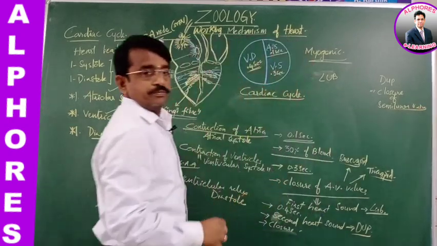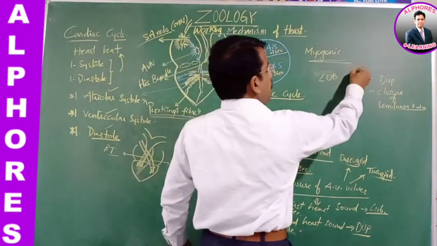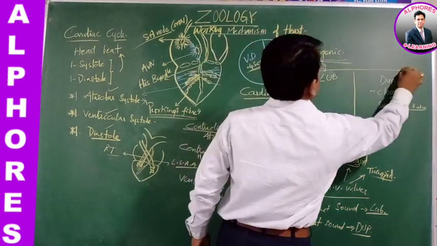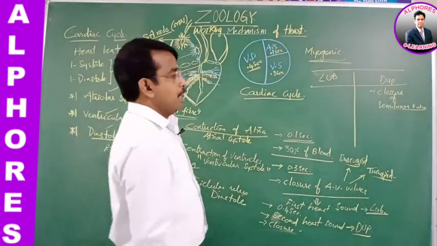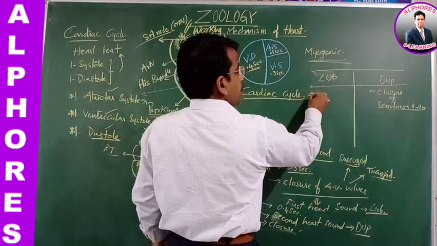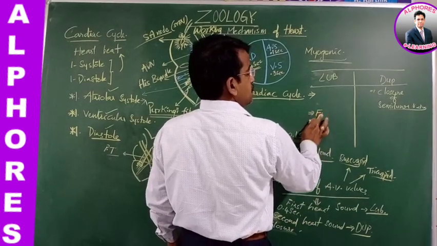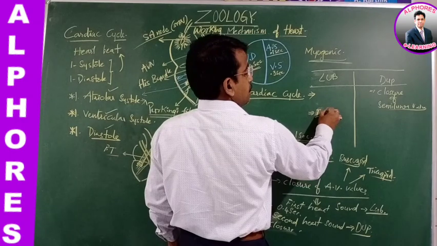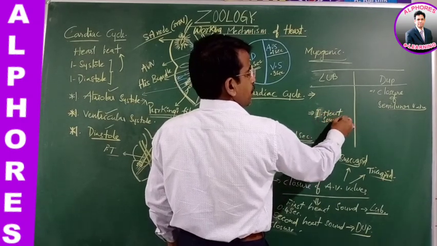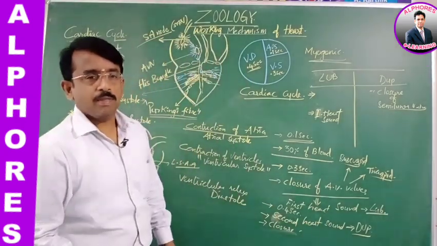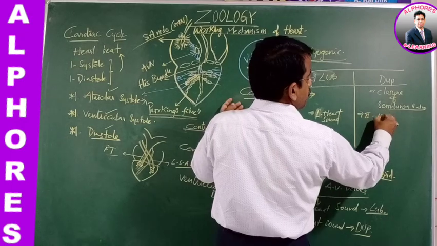So now we'll see the differences between the lub and dup. Look at here. Lub is the first heart sound. You better make a note. Dup is the second heart sound.